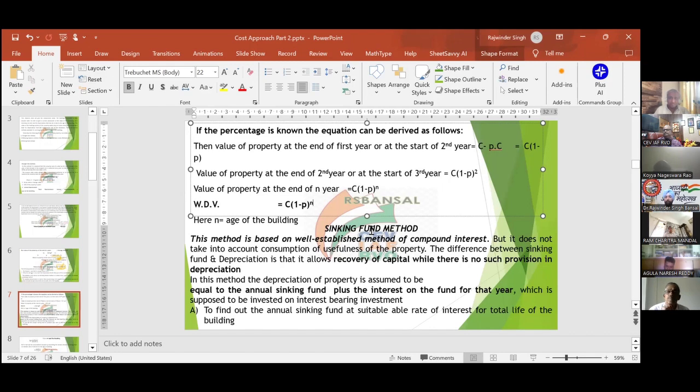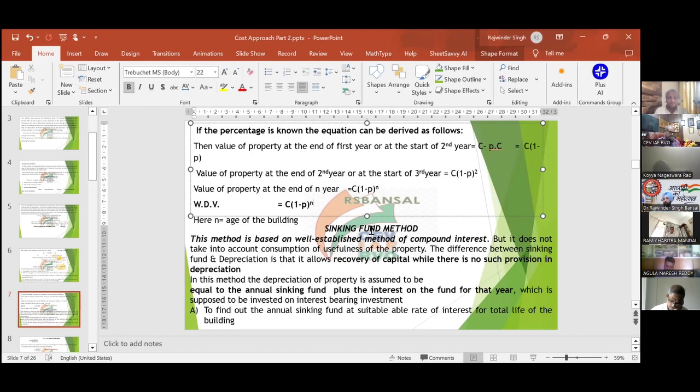Let us suppose the value of the building or the value of the asset as on today, maybe a building, maybe any asset, plant and machinery. Let us suppose the value of a machine as on today is 50 lakh, and the life of the machine is 20 years.